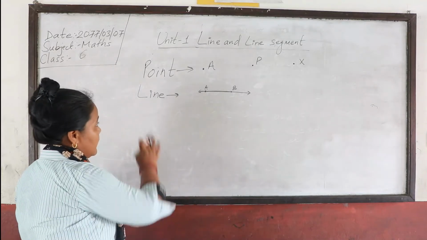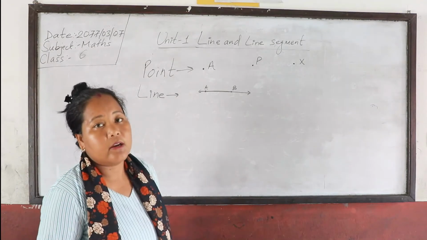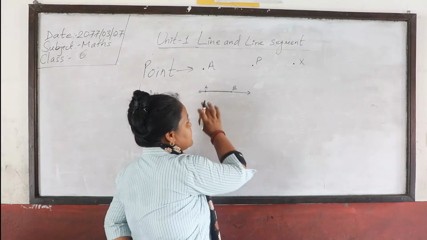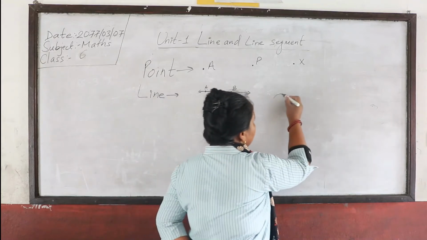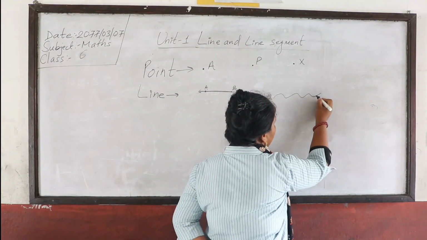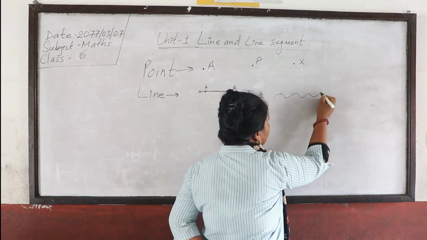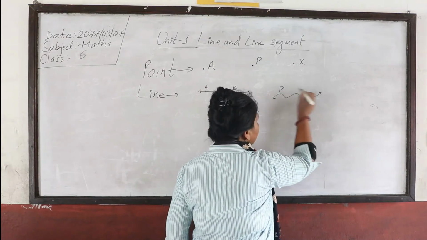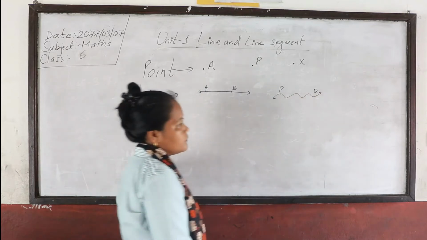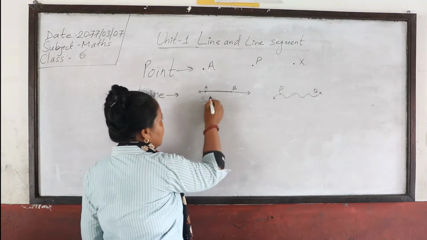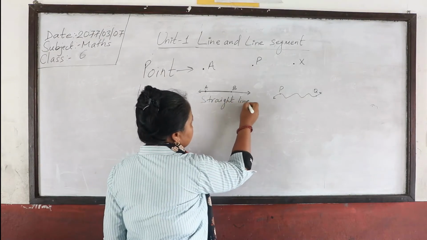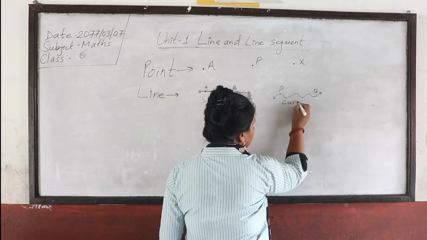And a line can be straight or curved. This is a straight line, and some lines are like this. Which type of line is this? Curved line. Yes. This is a straight line. This is a curved line.